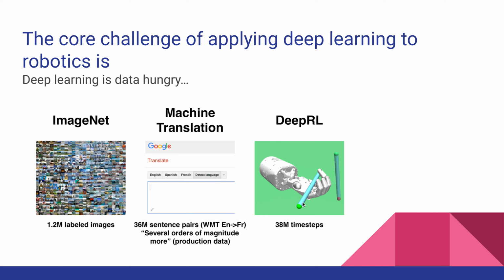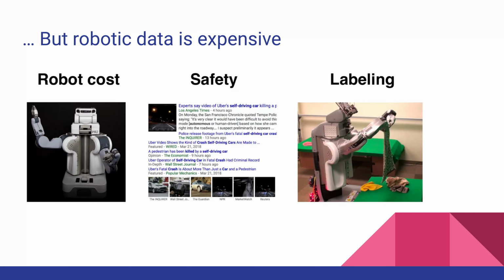And in DeepRL, if I look into the simulations of hovering of a dexterous hand, it also requires something like 38 million time steps.